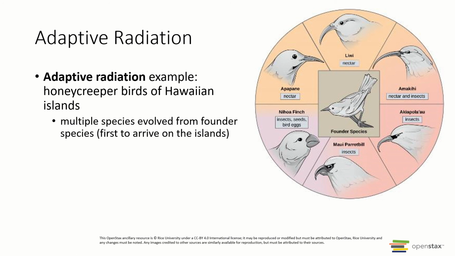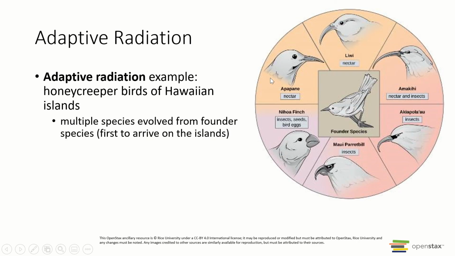And so what happened was this one founder species made its way to the Hawaiian Islands, was able to establish a population there, and then diverged to new niches or new ways of living, different food sources, different environments or habitats within the islands, and diverged into all of these other really cool honey creeper species. And this would have happened as the birds made their way to other islands in that Hawaiian island chain. And we know that that happened fairly quickly on an evolutionary scale. So that's an adaptive radiation.